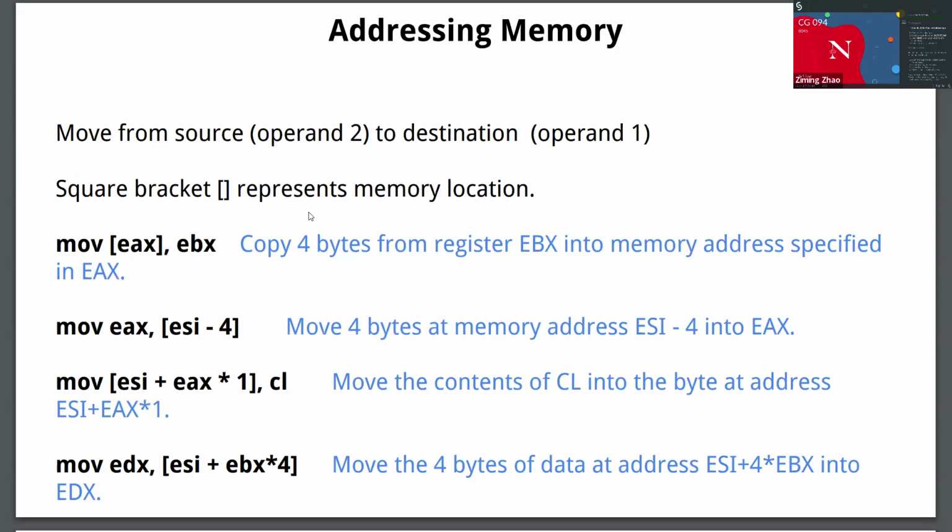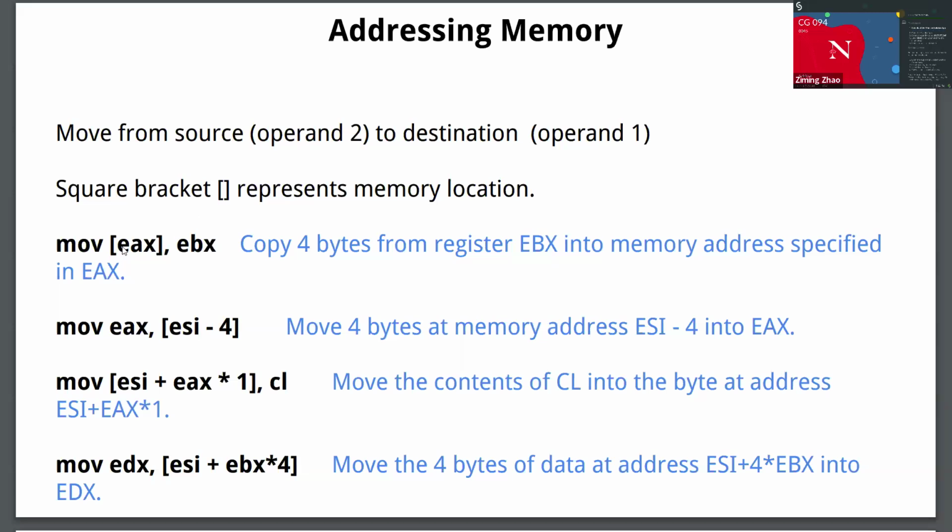So how do we address memory? At the assembly code level, we use the square bracket to represent memory locations. Let's say the instruction is move [EAX], EBX.